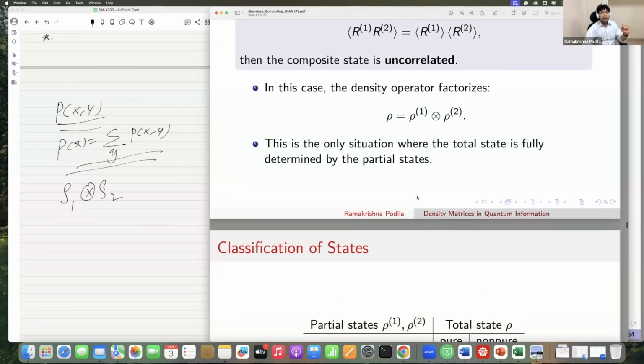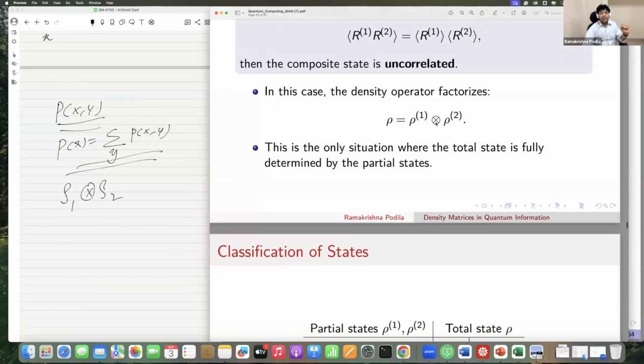That means that if I make some measurements on the first qubit, and some measurements on the second qubit, I do not see any correlation in those things. The second system is independent of the first system, so we can factorize them and express them as separate states.